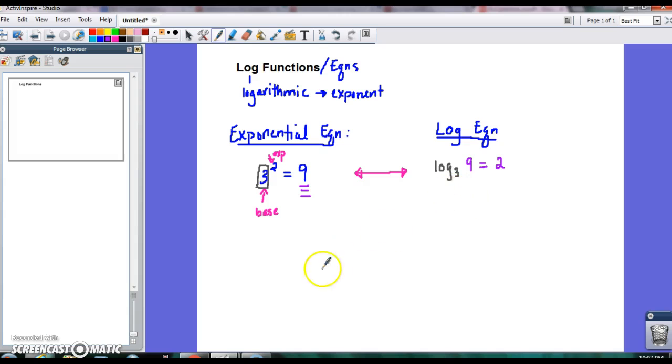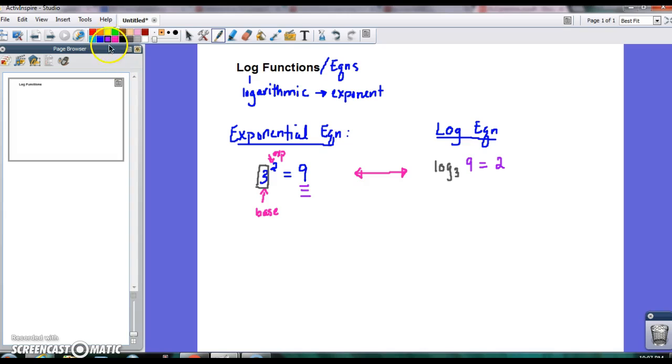We're going to do a bunch of examples to get you used to this, but let me tell you what this says. This says the exponent whose base is 3 that gives you 9 is 2. Let me do this in a different color.